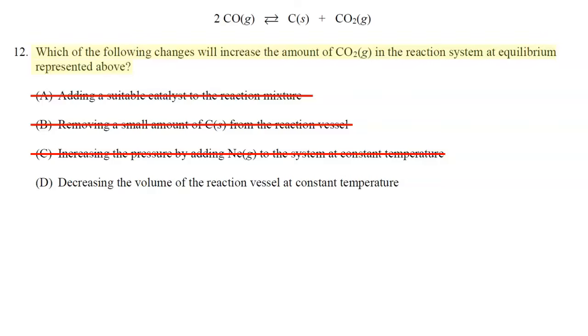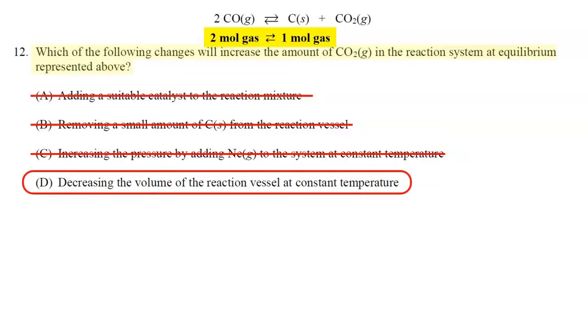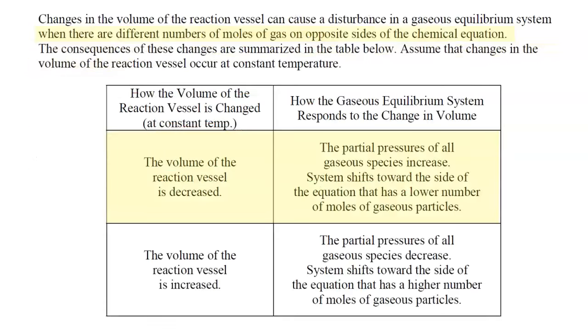Choice D says decreasing the volume of the reaction vessel at constant temperature. We can see that on the left side of this equation, there are 2 moles of gas. And on the right side, we have 1 mole of solid and 1 mole of gas. So there is a difference in the number of moles of gas. To show you why choice D is correct, if the volume of a reaction vessel is decreased for a gaseous equilibrium system, then the partial pressures of all gaseous species increase.